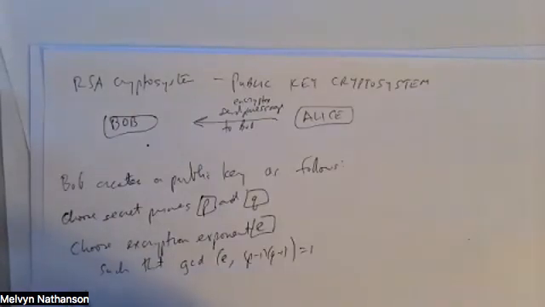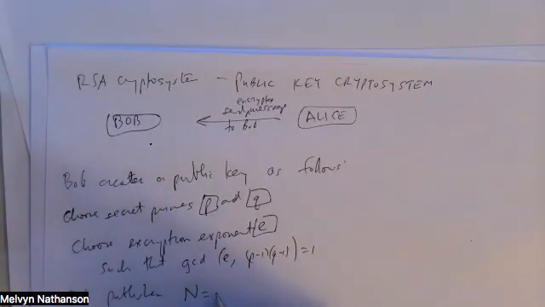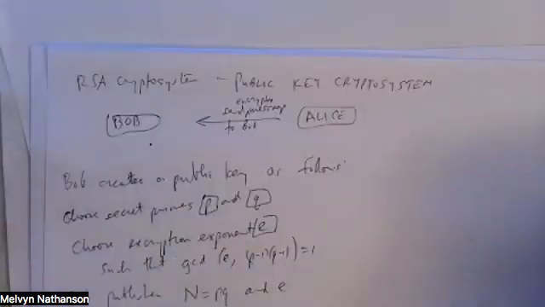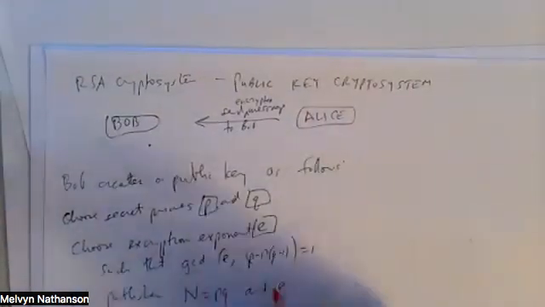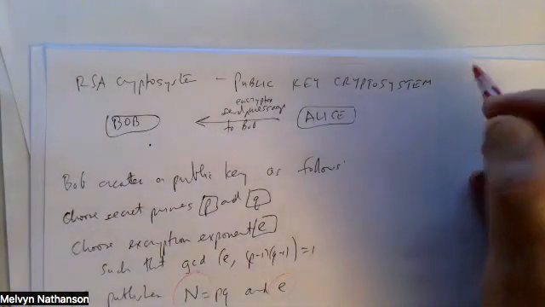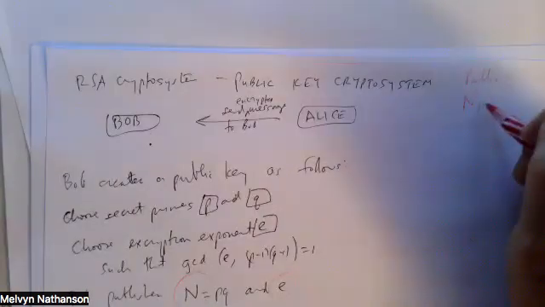And what Bob publishes to the world is the number N, which is P times Q, and E. So what is public is a number N and a number E.